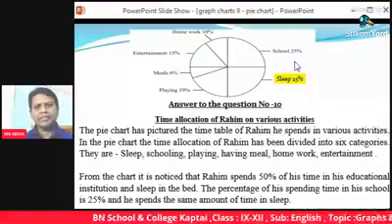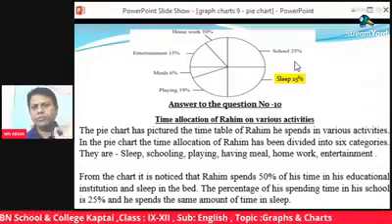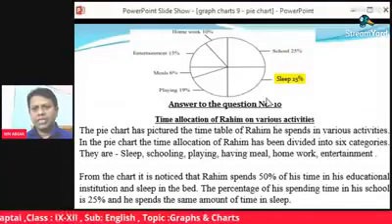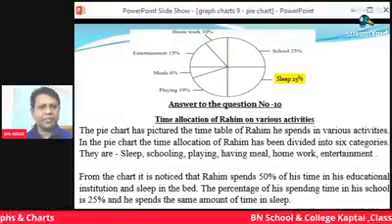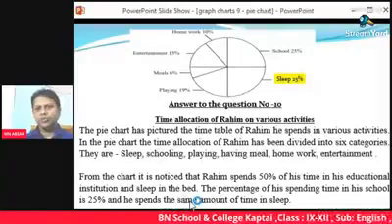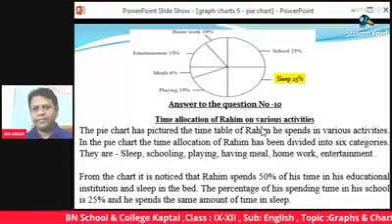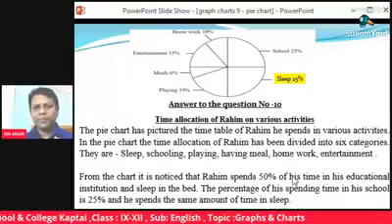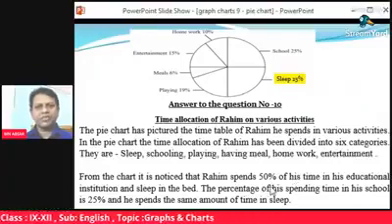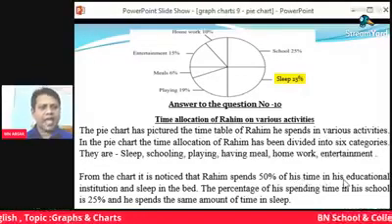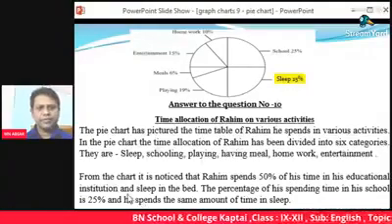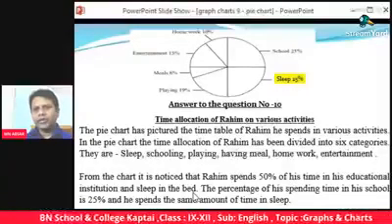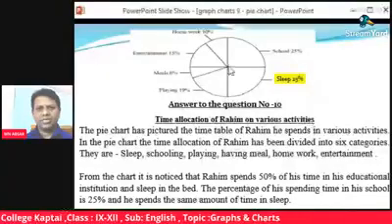That means he spends a total of 50% of his time in an educational institution and sleeping in bed. So you can write here, he spends 50% of his time in his educational institution and sleeping in his bed. Okay, so I have just described this part.